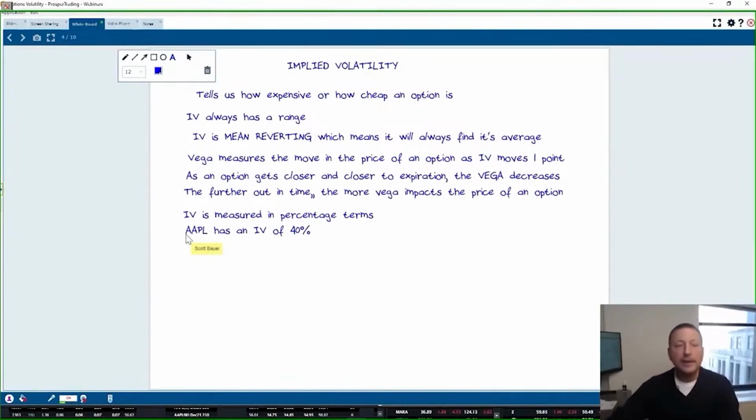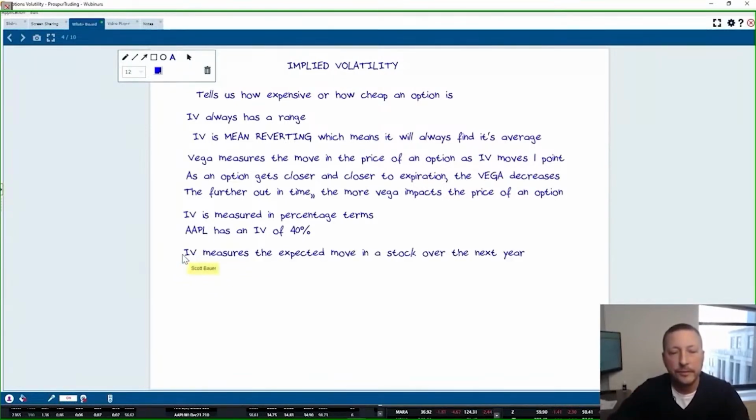Okay, what implied volatility measures is the expected move in a stock over the next year. Think about that for a second. Implied volatility measures the expected move, what the market is pricing in for a stock over the next year.